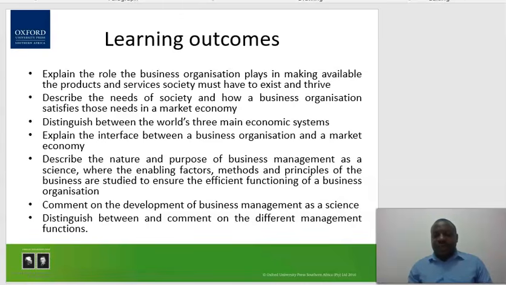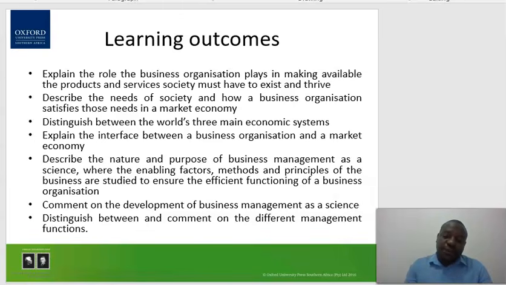One of the learning outcomes also is that you ought to be in a position to describe the nature and purpose of business management as a science where the enabling factors, methods, and principles of the business are studied to ensure the efficient functioning of a business organization.